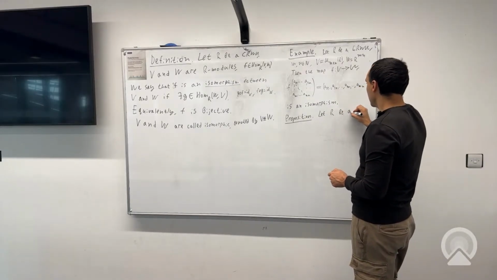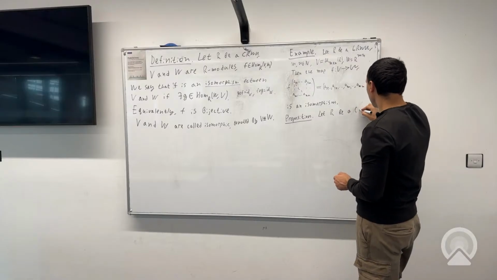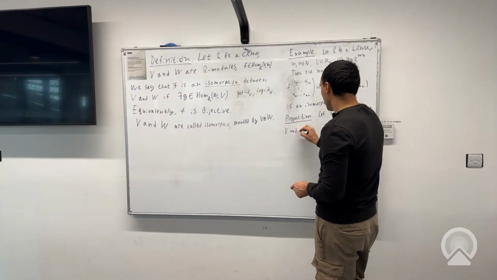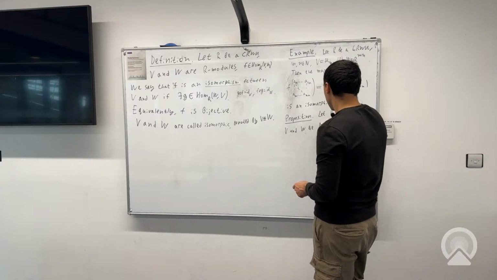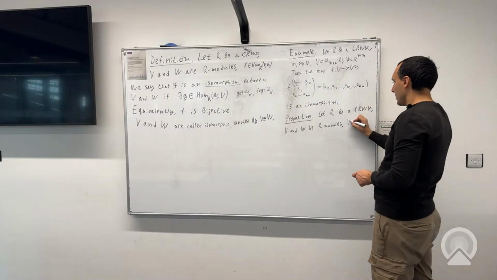Let R be a commutative ring with unity. V and W be R modules. And V has a basis.